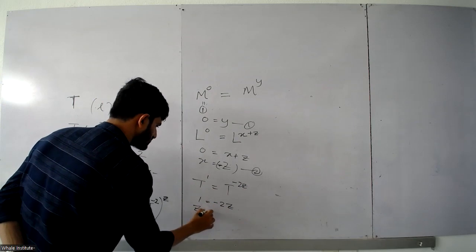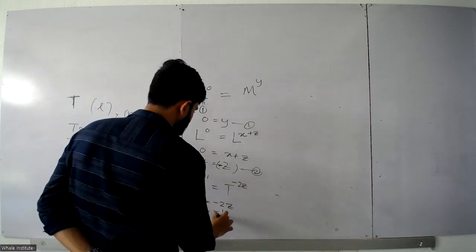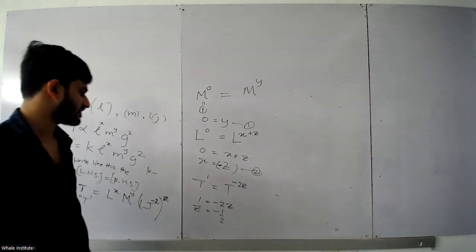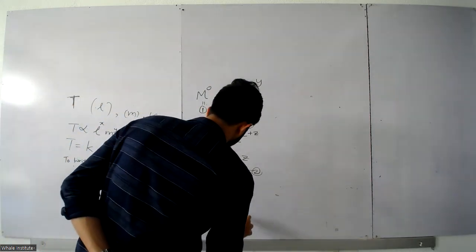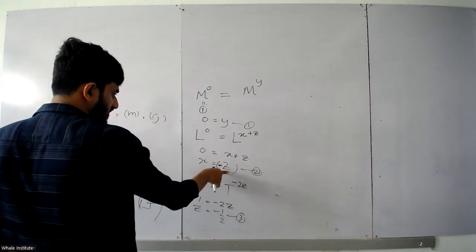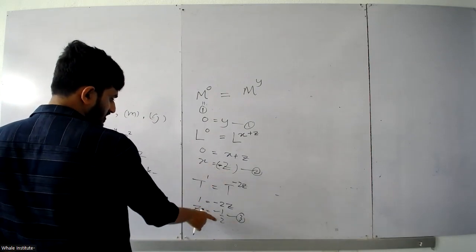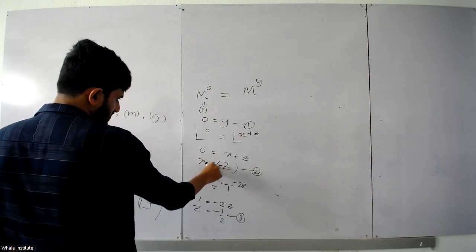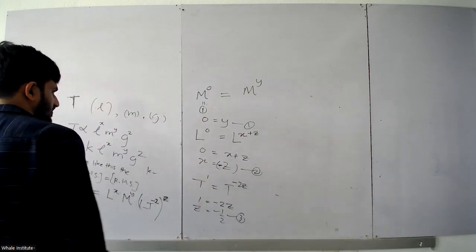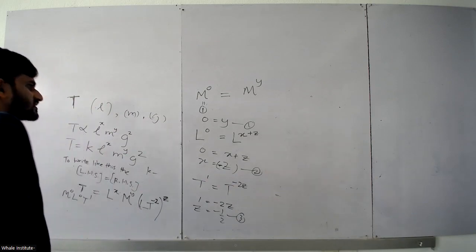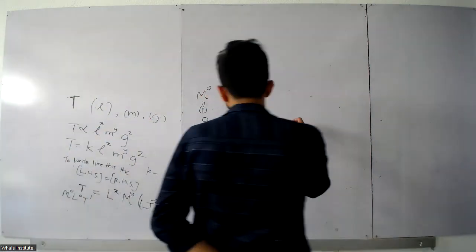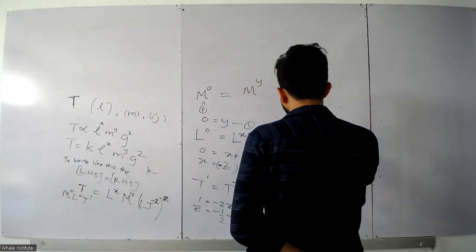So z equals minus half. That's the third one. Substituting into the second, x equals minus z, and z is minus half, so x is plus half. Then you know all three powers x, y, and z, and you can substitute and get the final answer as T equals k.